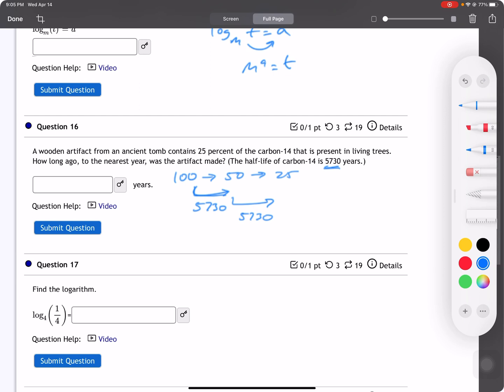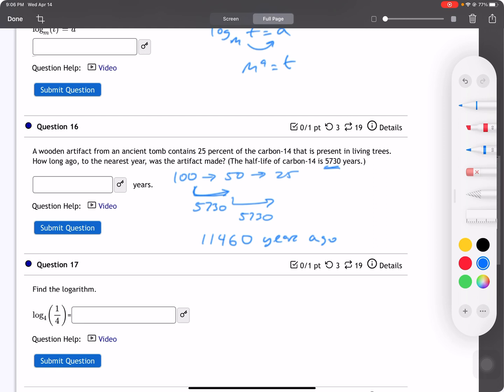So how long ago, to the nearest year, was the artifact made? If I add these up, it was made 11,460 years ago. And that's us just counting, since that's a nice percentage.